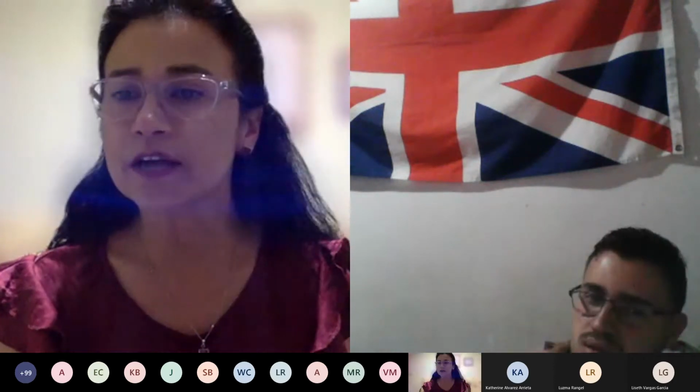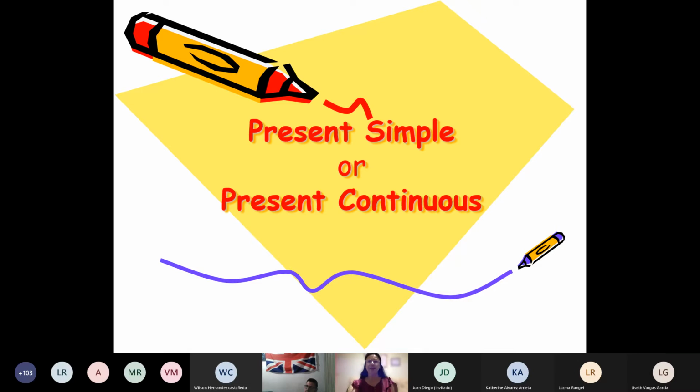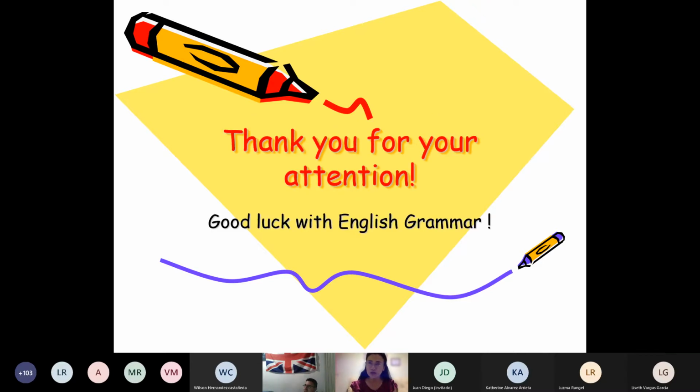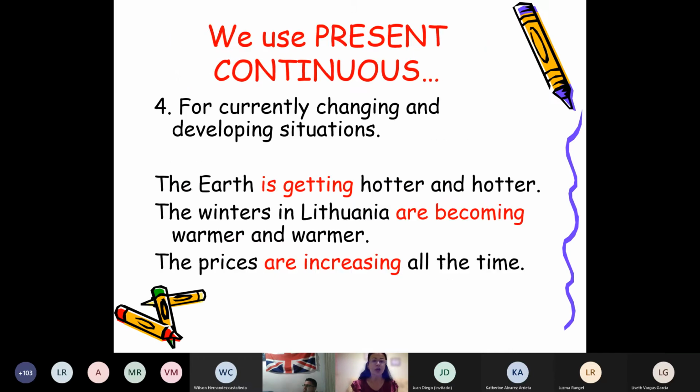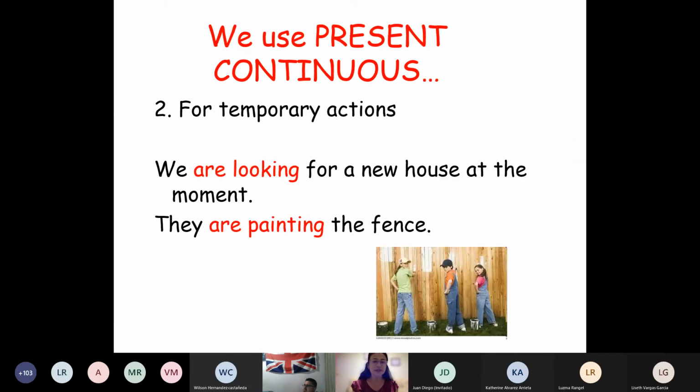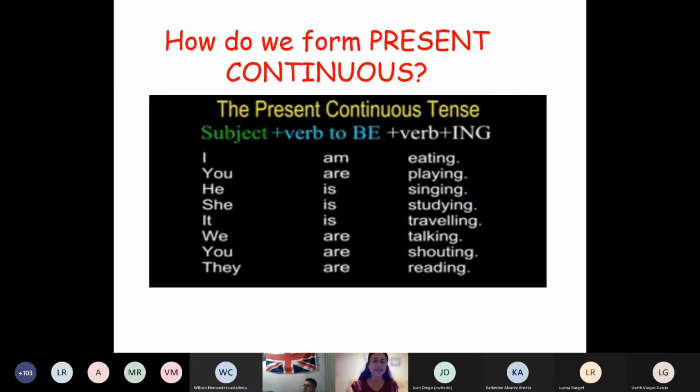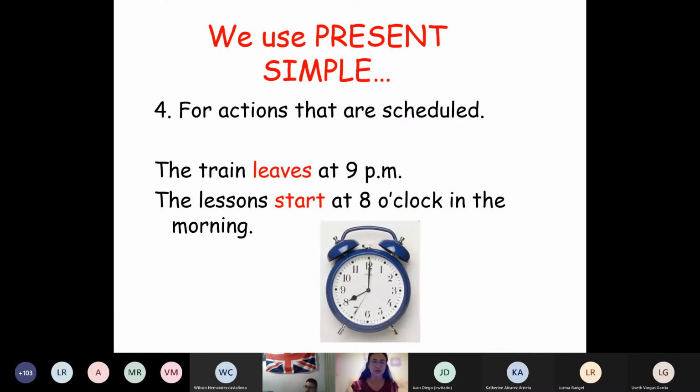Okay, remember that we are studying tonight the use of present simple, and we are contrasting the use of present simple with the present continuous, okay? And we were talking about the use of affirmative sentences and negative sentences with the present simple tense. So now we are going to see what the affirmative and negative sentences are in the present continuous, right?